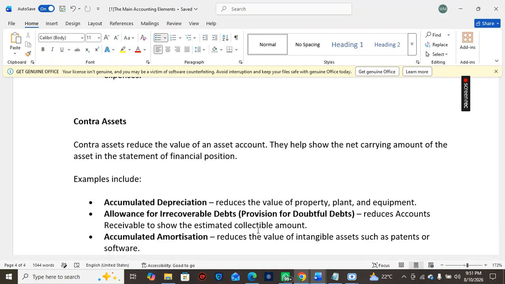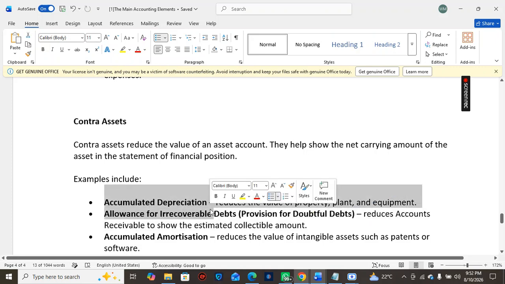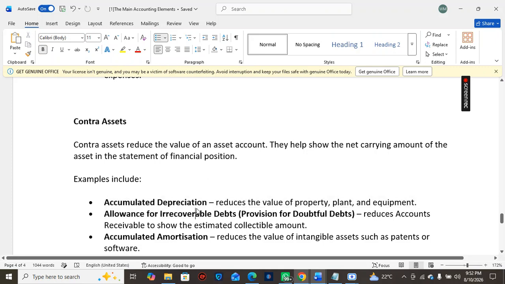As a business, you have to make an estimate to say this is the amount I might not get back from the people who owe me. So this reduces the asset, it reduces the trade receivables. Accumulated depreciation reduces the non-current assets.